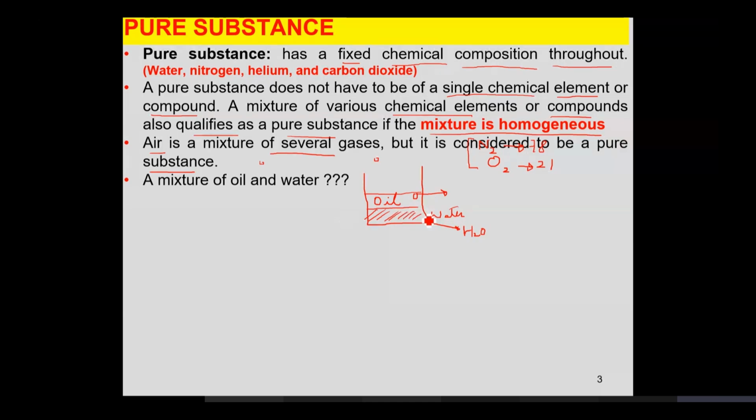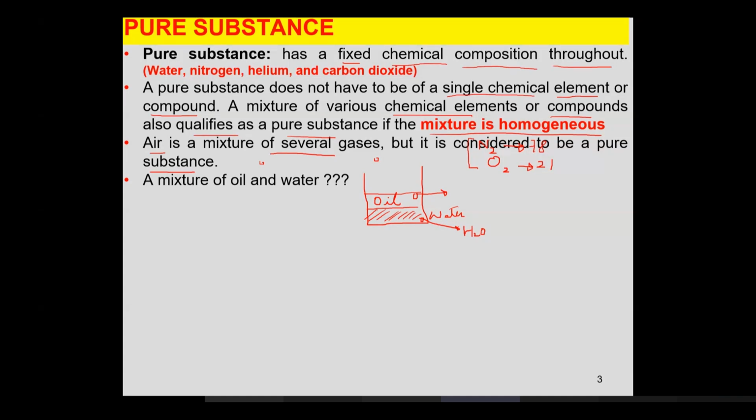So essentially, the two samples would not have the same composition. So this mixture is not a homogeneous mixture. Therefore, we cannot consider this mixture to be a pure substance. Clear enough?